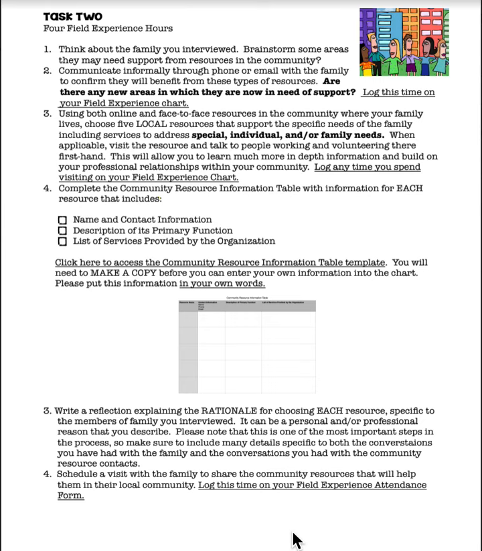So it's really important that you get to know them, to introduce yourself, explain to them the purpose of the phone call and the family that you will be representing. All of these communications, whether they be online, face-to-face, through email, through phone call, should be logged in your field placement attendance form that, remember, is below.